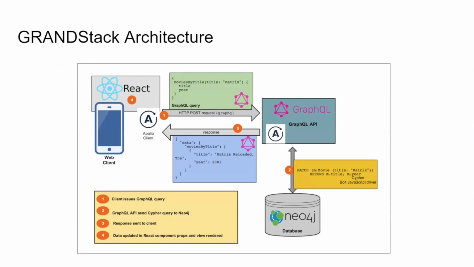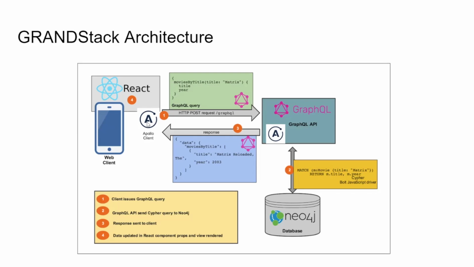Let's go over a little bit of the grand stack architecture. So on the front end, we are using React, which essentially displays information and interactivity to the user. We use Apollo client, which is, again, an implementation of GraphQL, this way of describing the information that you want.